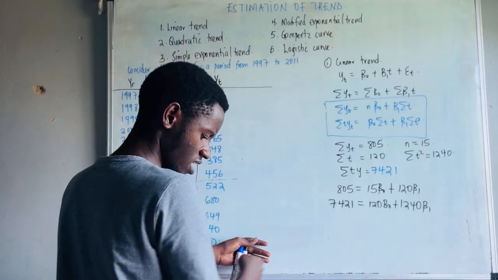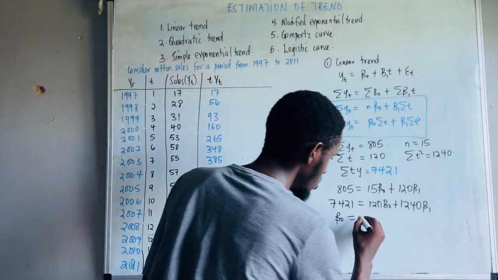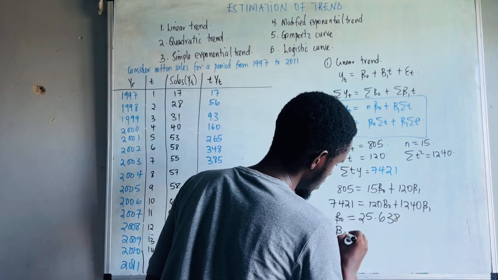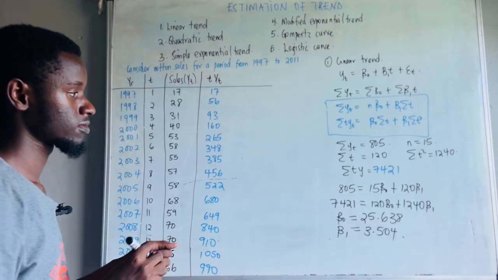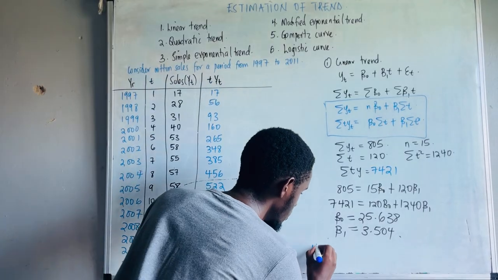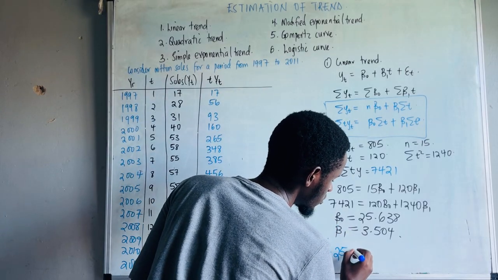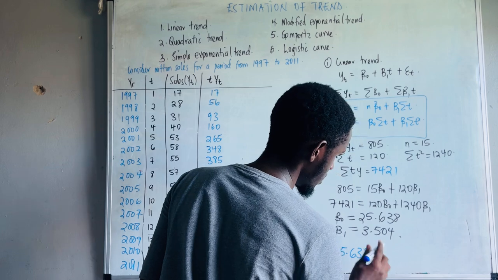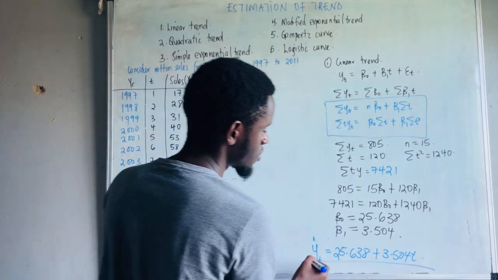My beta naught is going to be 25.638, and beta 1 as something like 3.504. Then our equation is y at t equals beta naught 25.638 plus 3.504 times t. And this is going to be our linear trend.